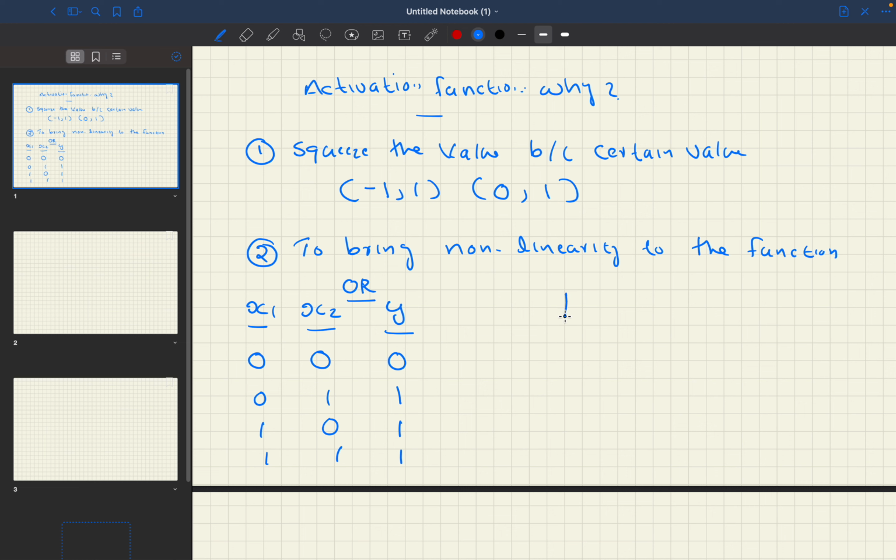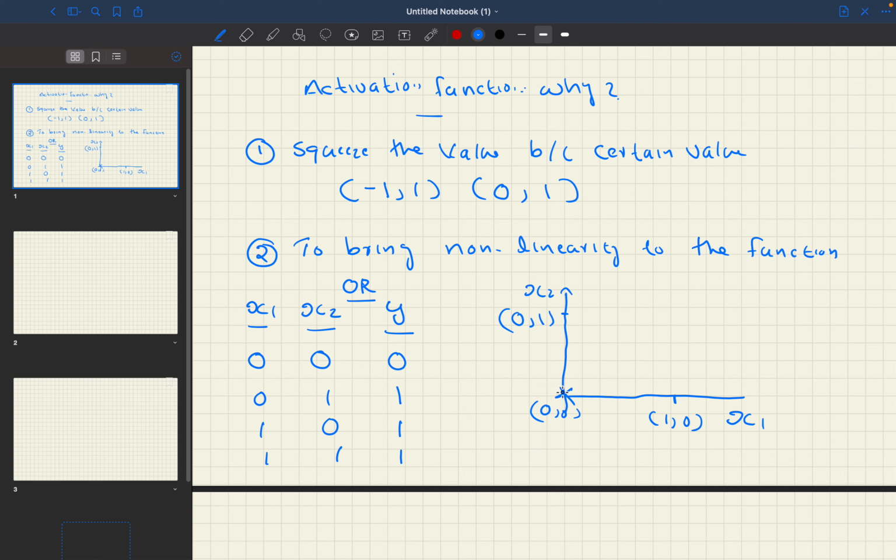Consider this as x1 and this as x2. Here this is 0 0, this is 1 0, and here this is 0 1. Let's plot this. 0 0 will be 0, so one point will be here.